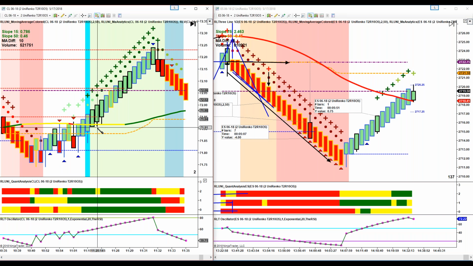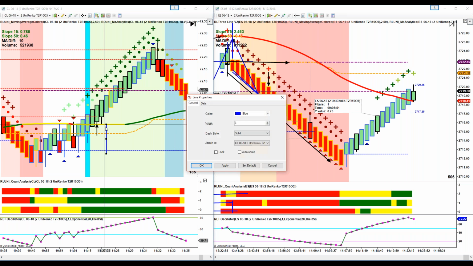Yep. This is where you're looking for the double test. It's very difficult to do because you're going to be very impatient, and you figure this first wick is going to put you in this trade, especially if you have triple quants and you're trading off of this area of strong support.